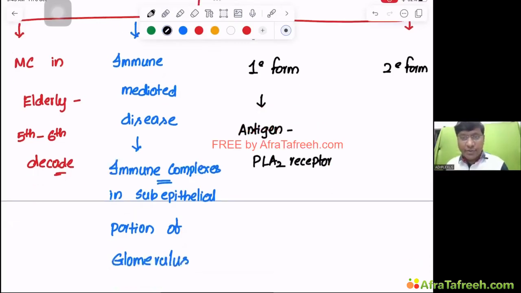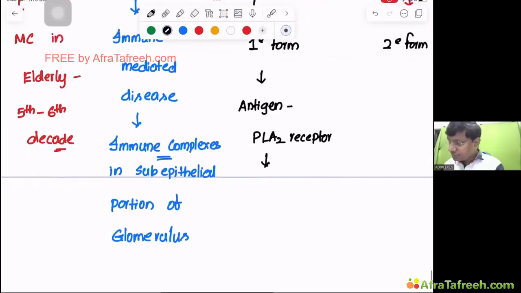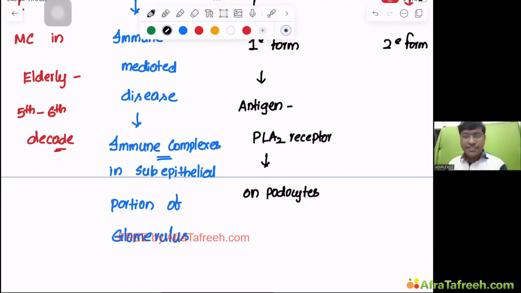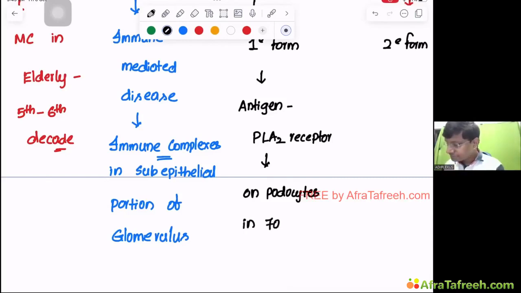And where is this phospholipase A2 receptor present? It is present on the podocytes in 70 to 80% of patients.